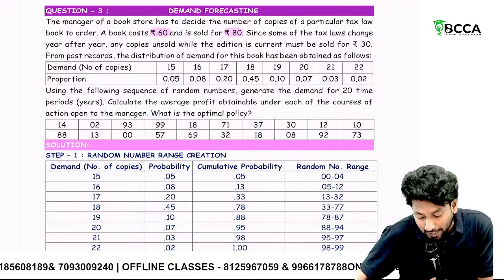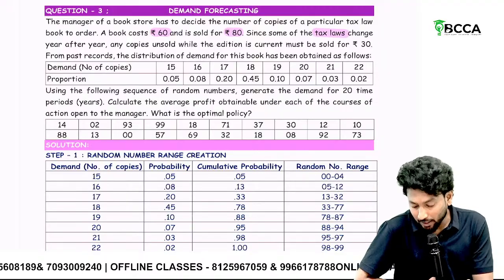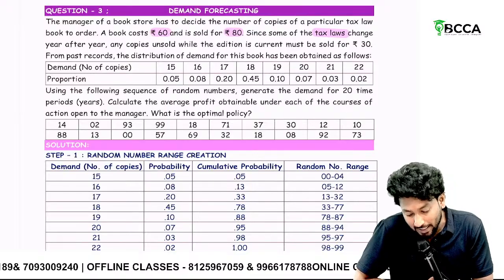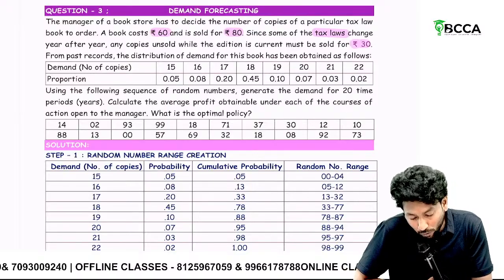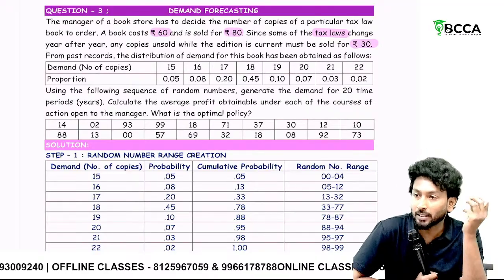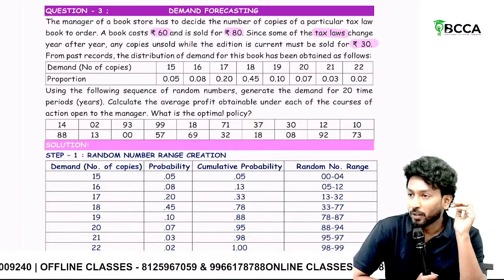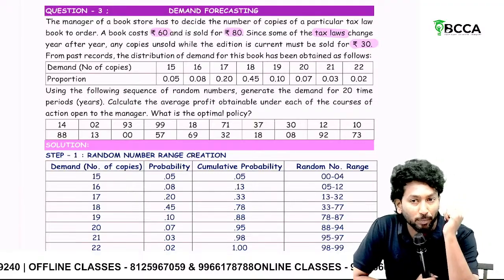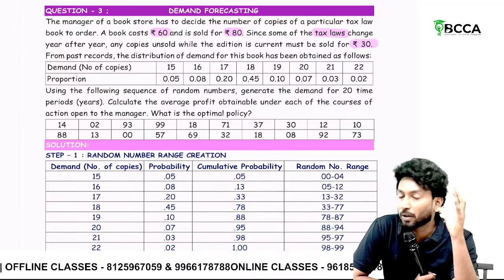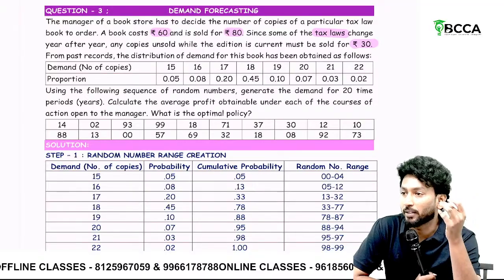Since some of the tax laws change year after year, as amendments will be there, any copies unsold while the edition is current must be scrapped. Scrap value is 30 rupees only. You are purchasing the book for 60 rupees and scrapping that book for 30 rupees. Profit or loss, sir? How much, sir?